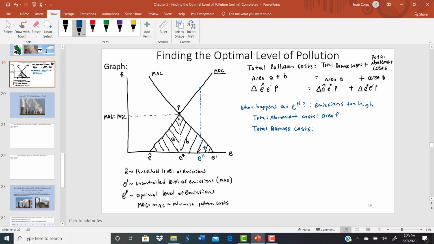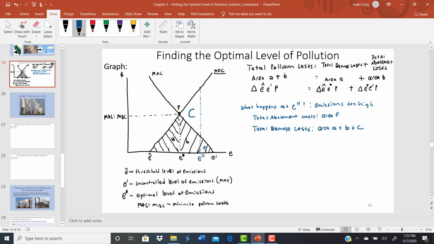Well, now remember that our total damage cost is the area under the marginal damage cost curve at the number of emissions that we are choosing to have, right? Which means it's got to include this entire area here as well. So we'll call this area C, because this is now under that marginal damage cost curve when we're at EH. So our total damage costs are going to include the areas A plus B plus C. So our abatement costs are lower when we allow a higher number of emissions.